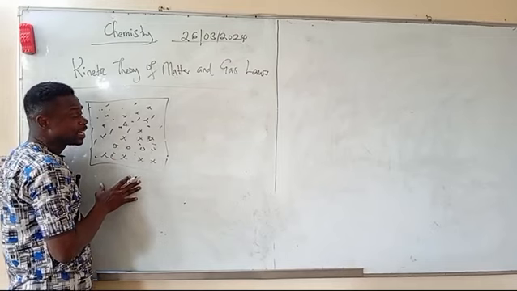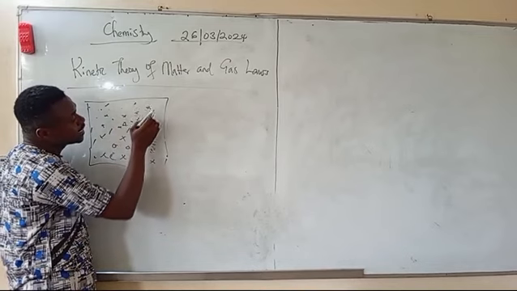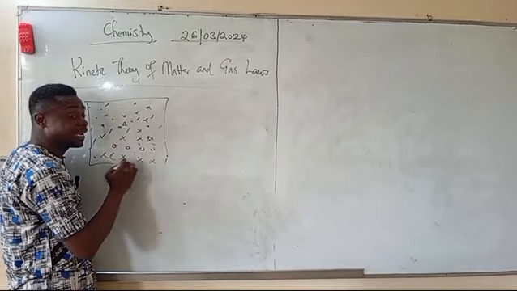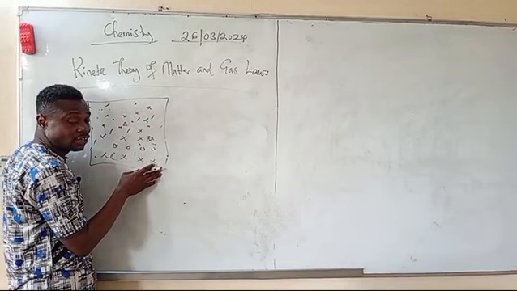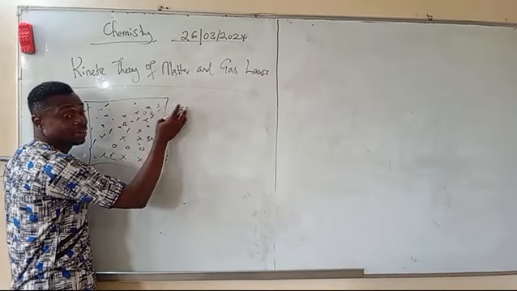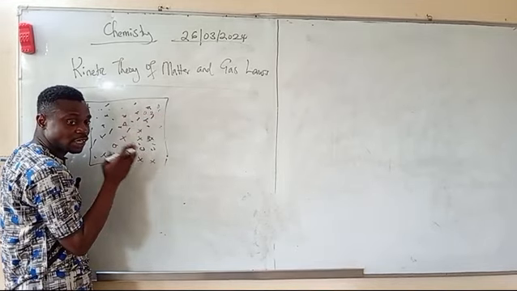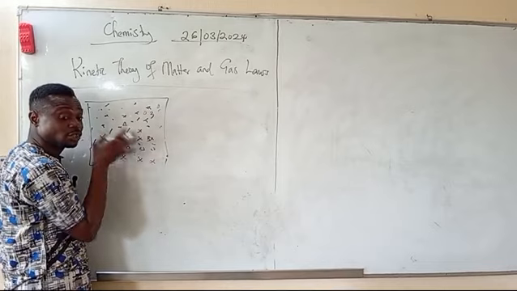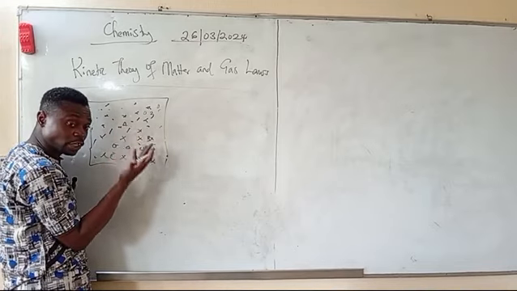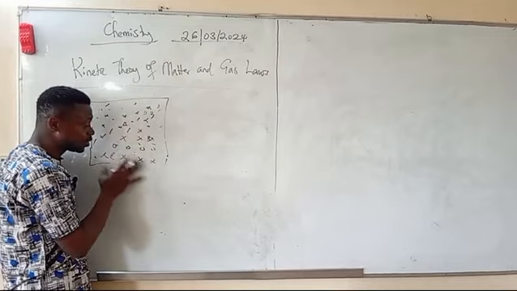Now, the condition is that these gases are not reacting with each other. If we have oxygen and hydrogen, they react and form water. No, there should be no chemical reaction between the gases. They just form a mixture in this container.